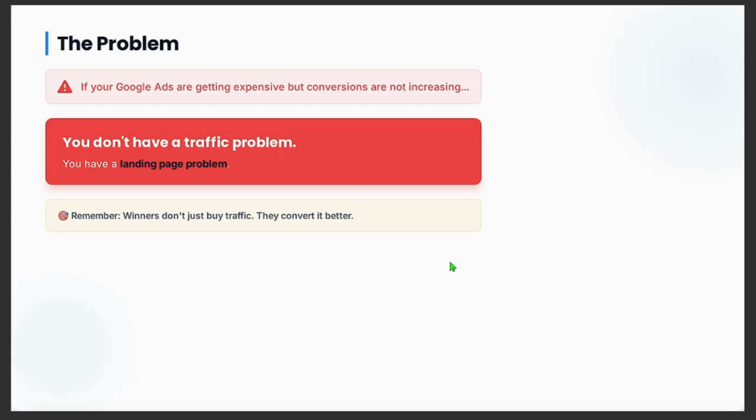This is most important: you don't have a traffic problem, you have a landing page problem. And remember this, winners don't just buy traffic. They know how to convert that traffic into customers. So if you are only focusing on getting more clicks, but your landing page is not good, you are just burning your money.